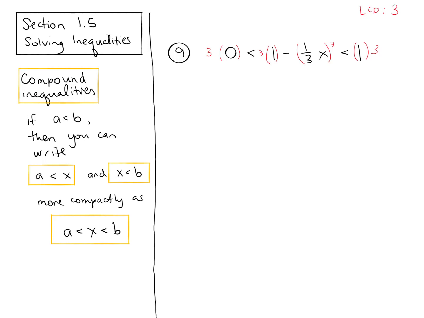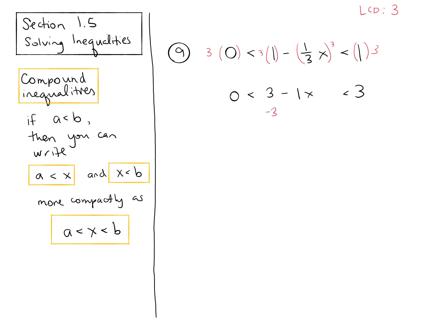And when I multiply it out, I'm going to get 0 is less than 3 minus 1x is less than 3. I am going to subtract this 3 from all 3 sides.